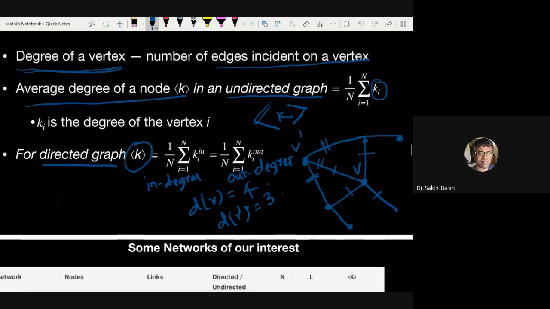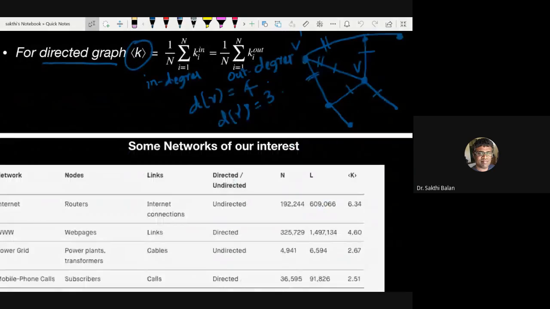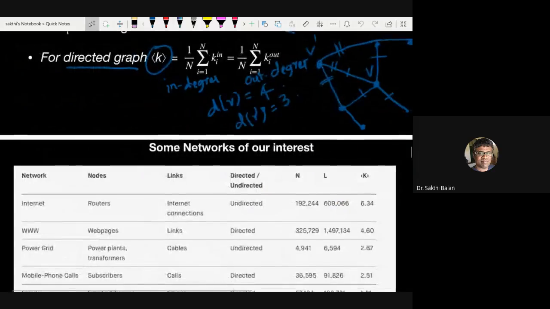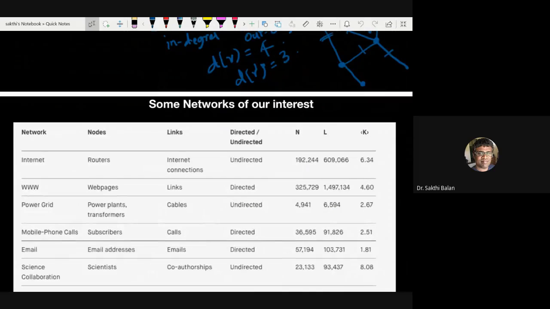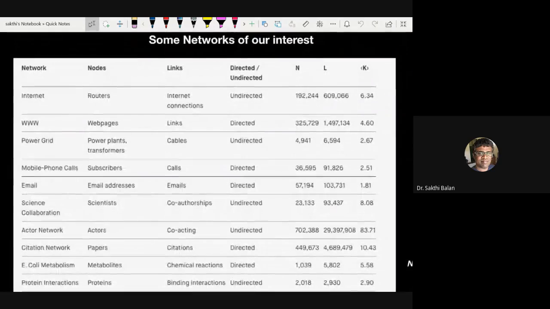Now let's see some of the networks that we will be interested in, like the social network. What I want to do here is explain the basic graph theory concepts, and at the same time introduce the networks that we will be studying, so that I can compare and contrast and tell what will be different from the basic graph theory concepts.